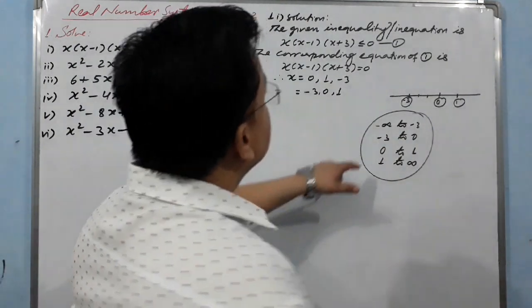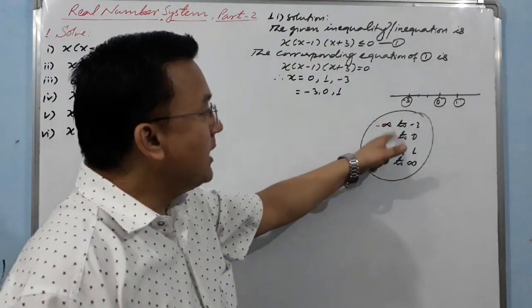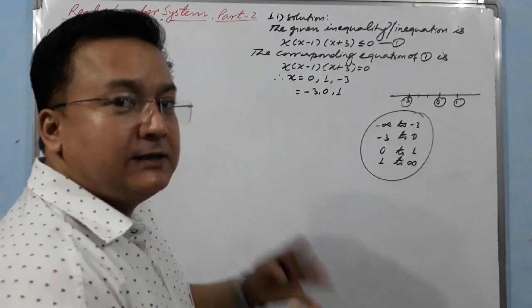Now we have to see the sign of the left part of the inequality in these intervals. Let's make a table for that.